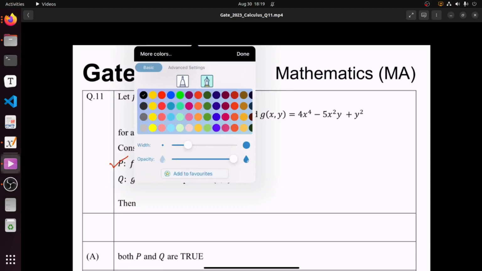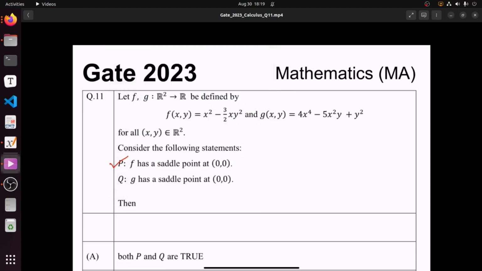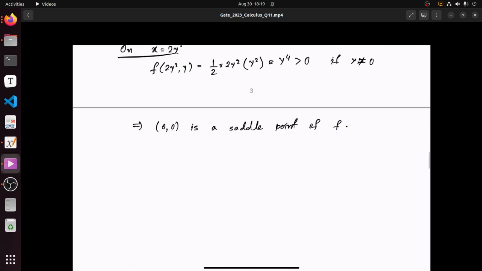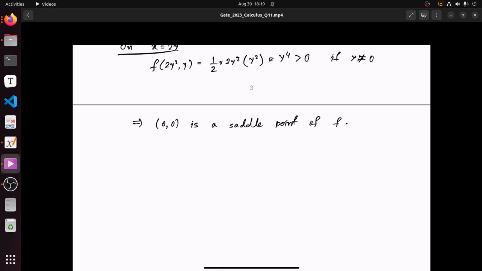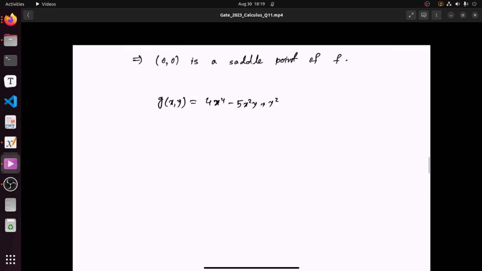So what is g? g is 4x to the power 4 minus 5x squared y plus y squared. So now g(x,y) is similar. Again we have to check whether (0,0) is a critical point or not.